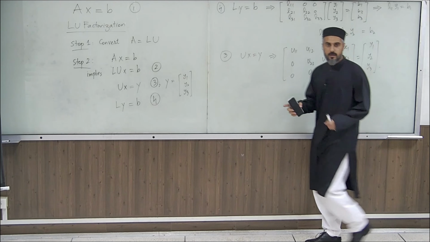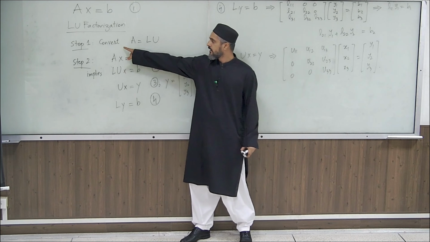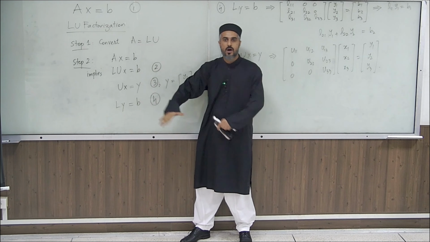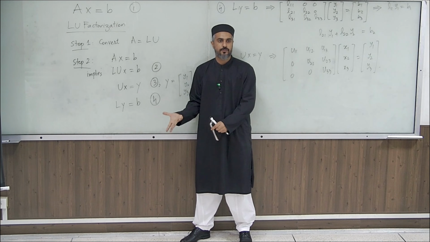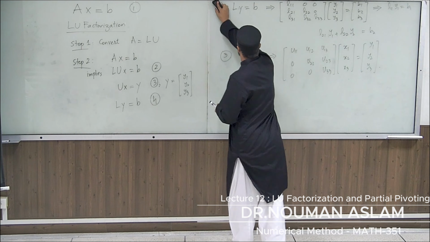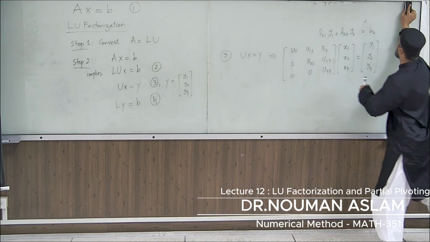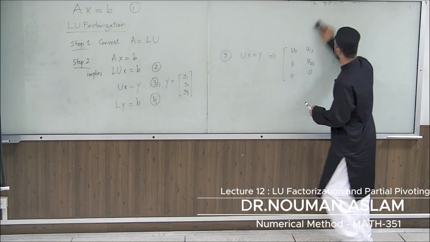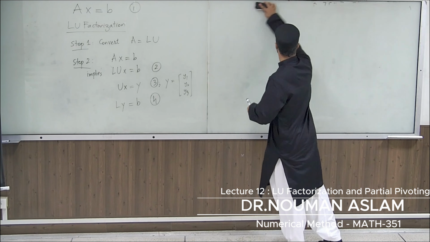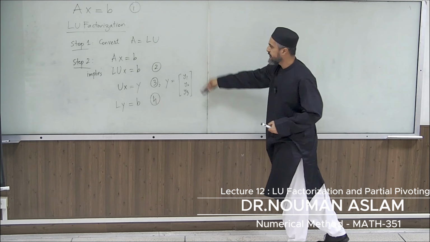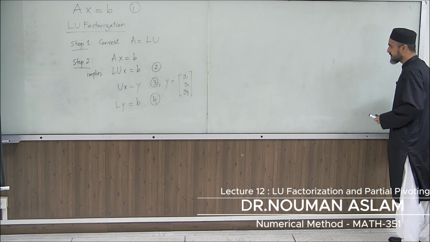Now, coming to step number 1: how to convert a matrix into an LU form. Once we have converted it, we have to use these two equations to get to the answer.